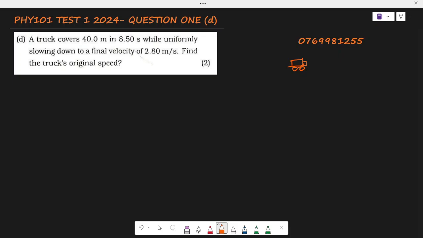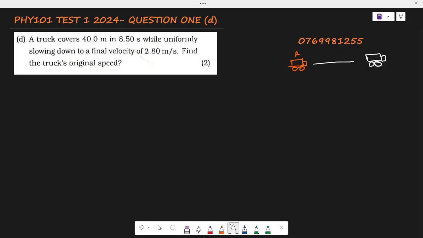seconds, this track has moved from, let's say, position A to position B. And as it was moving, it was slowing down uniformly. So it was decelerating.